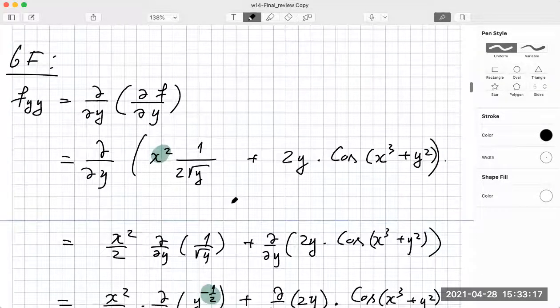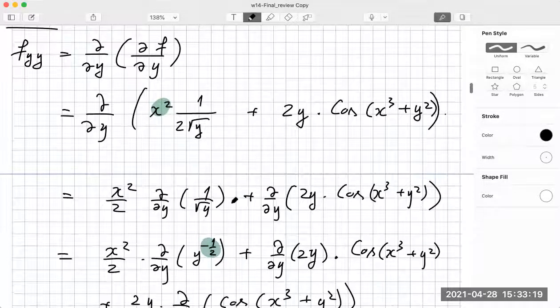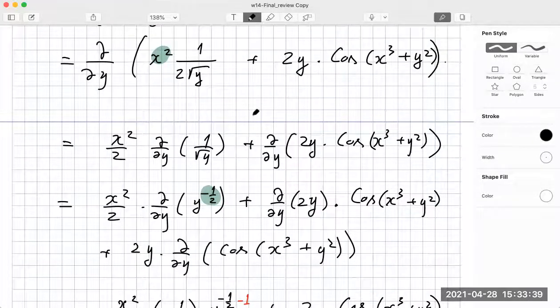The question F here, the same story. f sub yy here is d over dy of df over dy. The df over dy, we can find it in 6b, right? So write it down and take the derivative with respect to y of this function. So it means that we treat the x term as a constant.